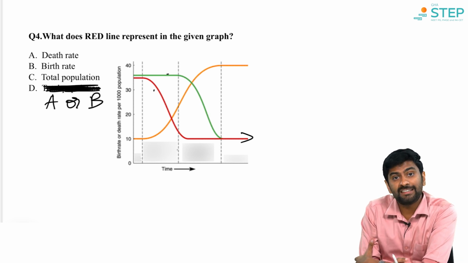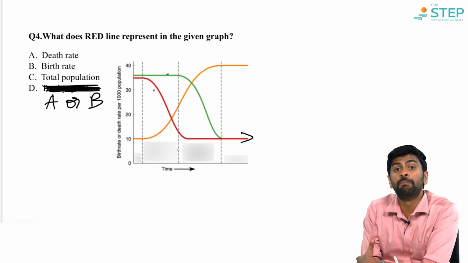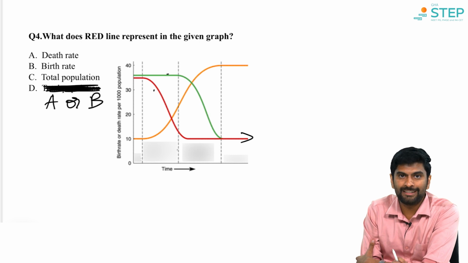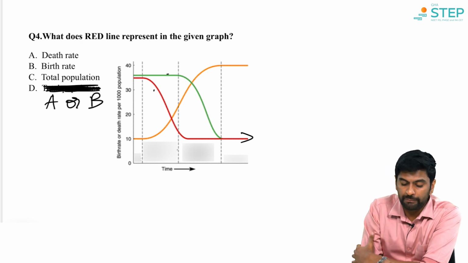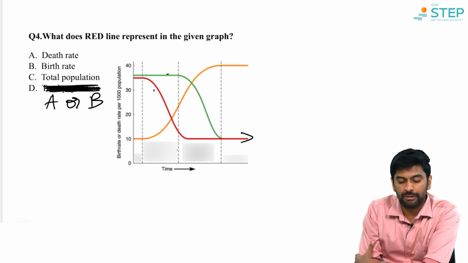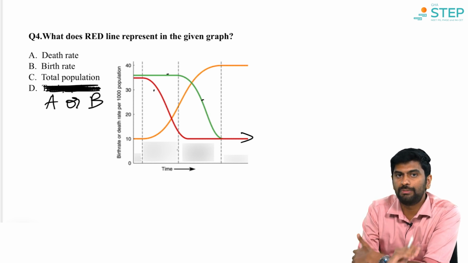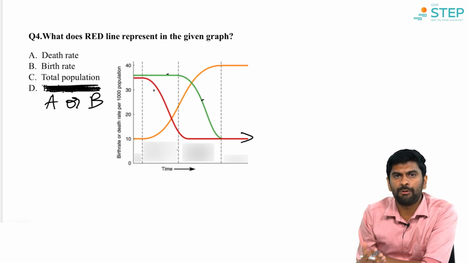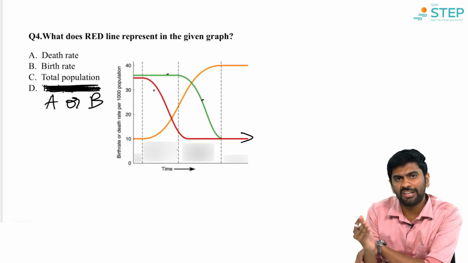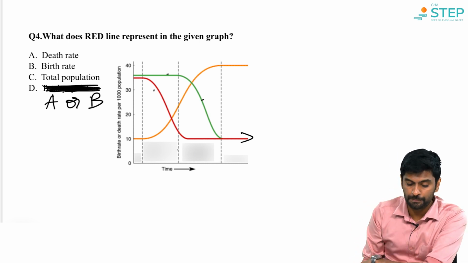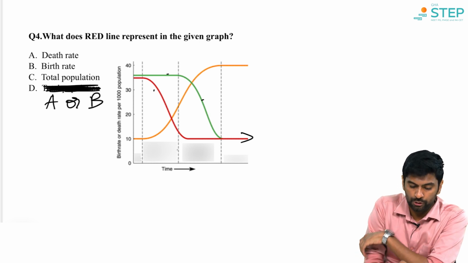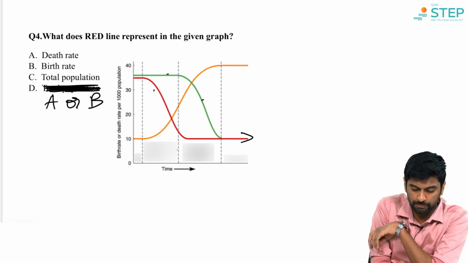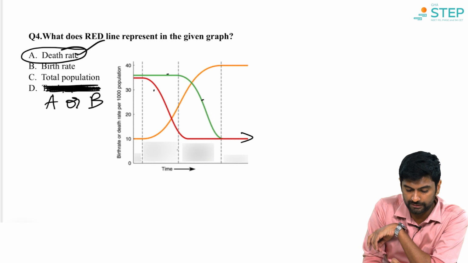Now, if the healthcare situation of a population improves, the first thing that declines is going to be the death rate, following which, after many years, the birth rate starts to decline due to better understanding about family planning and then better education. Then the birth rate drops. But initially, the death rate is the one that immediately declines. So the correct answer would be option A, which is the death rate.